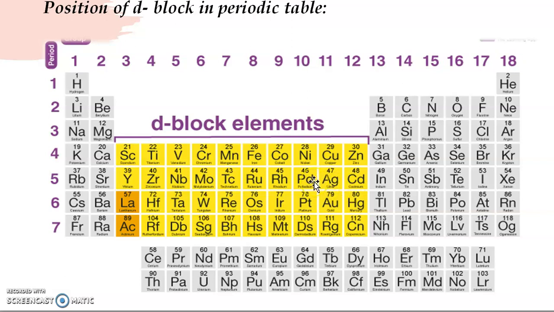As we have discussed earlier, the D block elements are the elements in which the last electron enters into the d orbital of the penultimate shell. So based on whether the last electron goes to 3d, 4d, 5d or 6d, these D block elements are classified into 4 series: 3d series, 4d series, 5d series and 6d series.